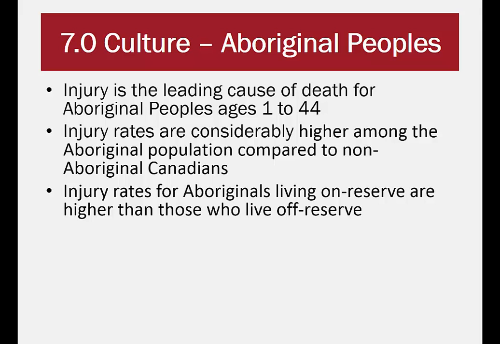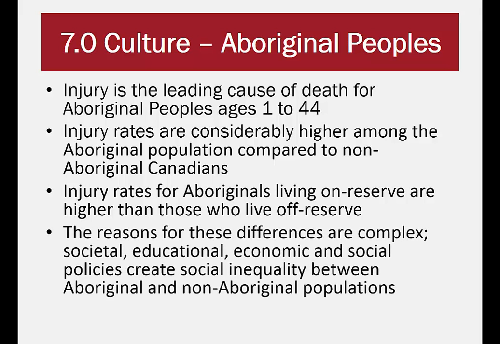The reasons for the differing injury rates and risks for injury among Aboriginal populations are complex. Societal factors, including health, educational, economic, and social policies, serve to maintain the economic and social inequality between many Aboriginal populations and their mainstream neighbors.